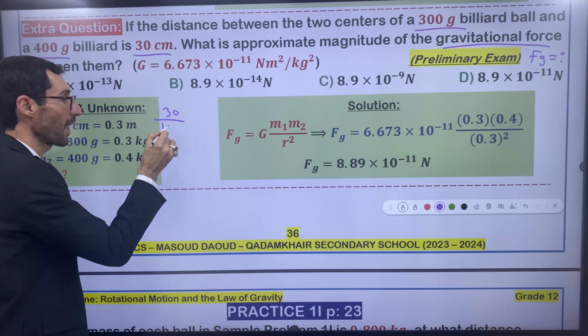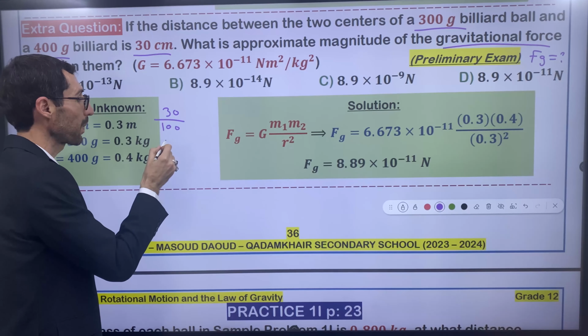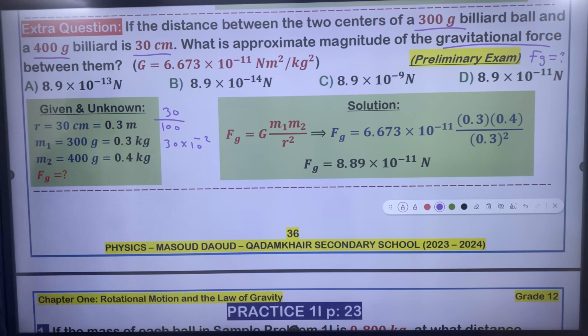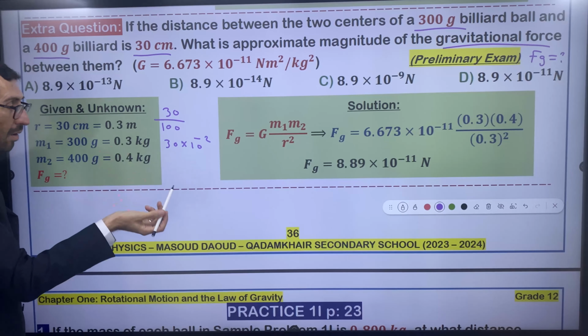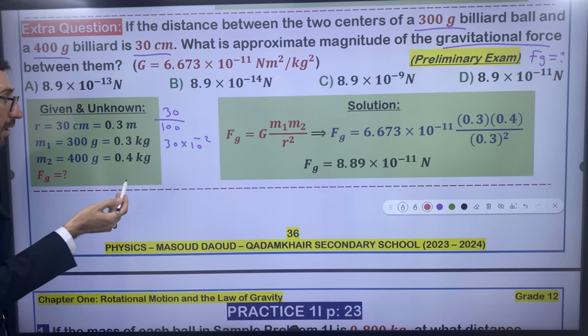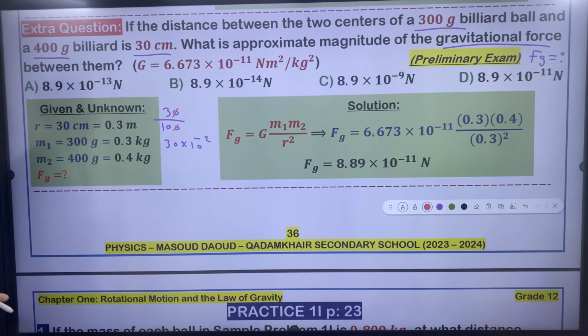Either you divide it by 100, maybe you are satisfied with this approach, or you multiply it by 10 to the power negative 2. It's the same. Whenever you multiply by 10 to the power negative 2 or divide by 100, you get the same answer, 0.3 meters, right?